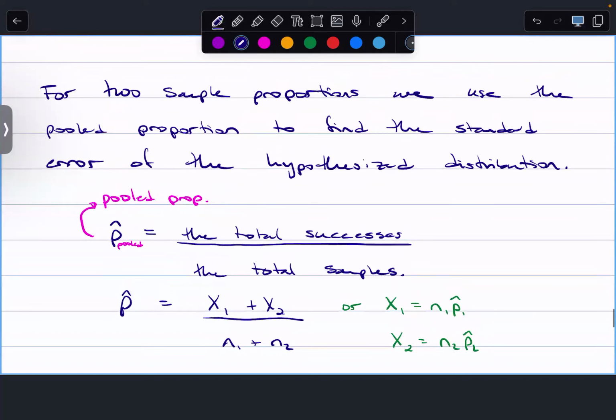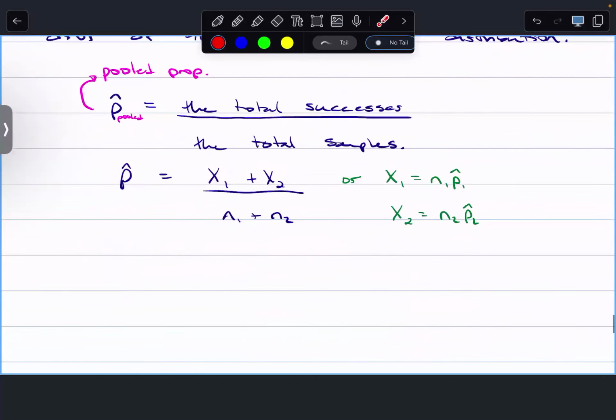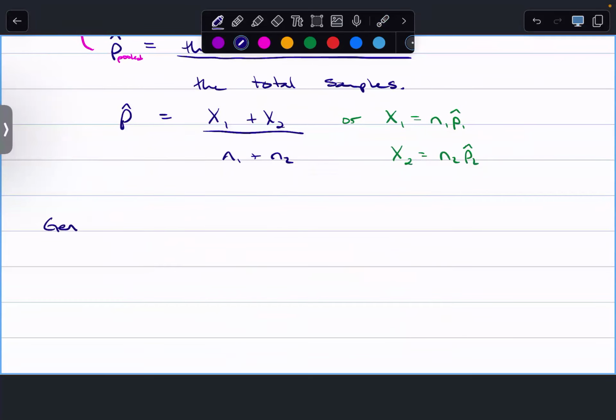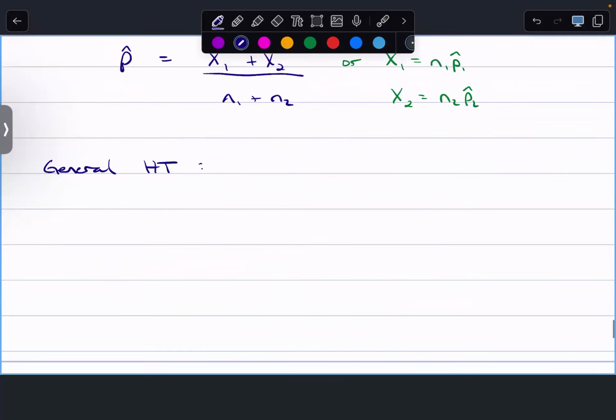So in our standard error of the hypothesized distribution, we're going to use this p hat. In fact, for a hypothesis test, in general, a general hypothesis test looks like this.